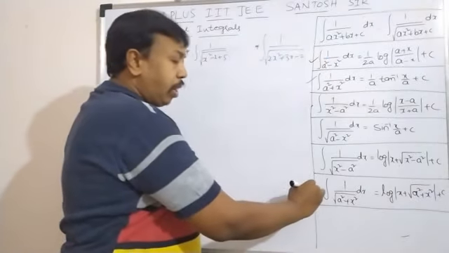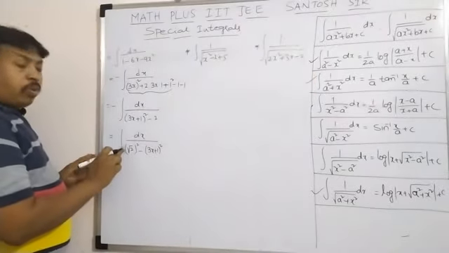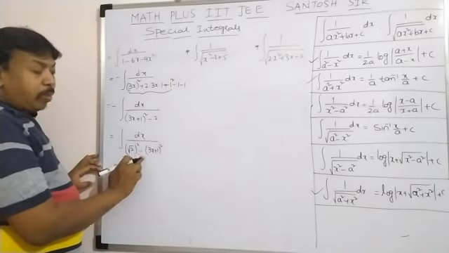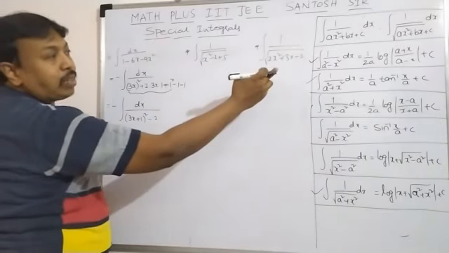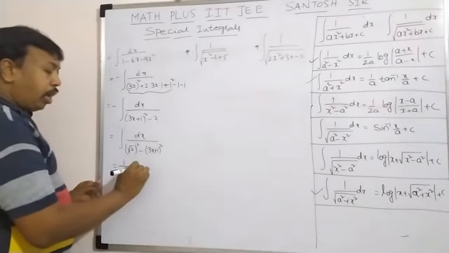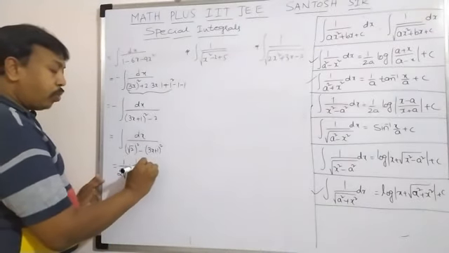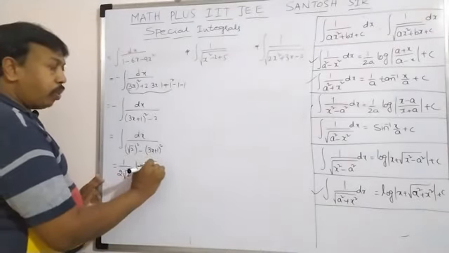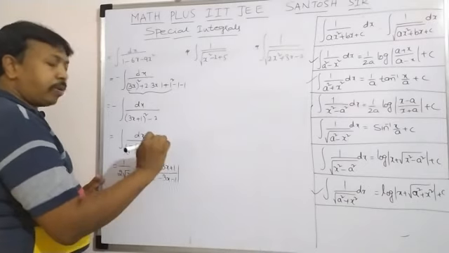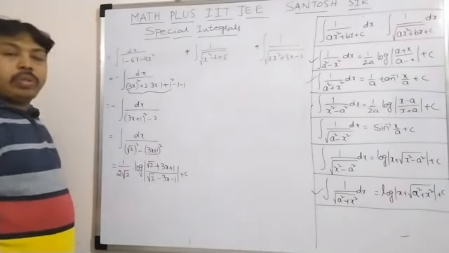So for this question we need to use this formula. 1 upon a square minus x square becomes 1 upon 2a, that is 1 upon 2 root 2 into log modulus of a plus x upon a minus x, that is root 2 plus 3x plus 1 upon root 2 minus 3x minus 1 plus c. Here one thing we need to remember, in place of x we have 3x plus 1.